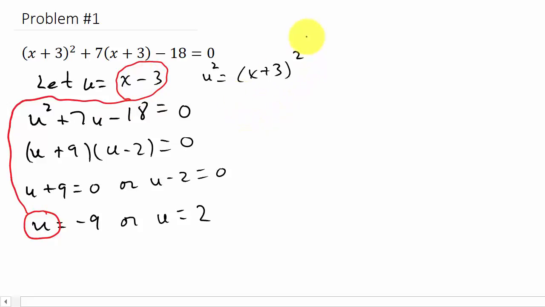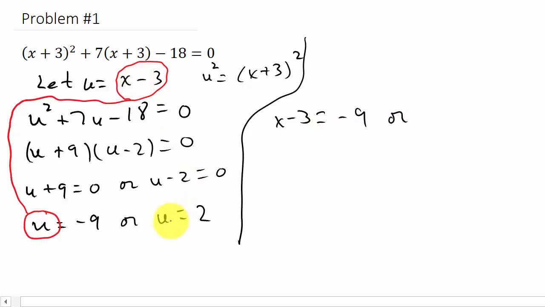That's going to give me x plus 3 in for u is equal to negative 9, or, and then I'm going to put the x plus 3 in for u here. X plus 3 equals 2.